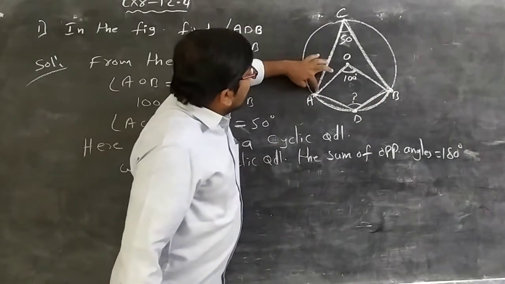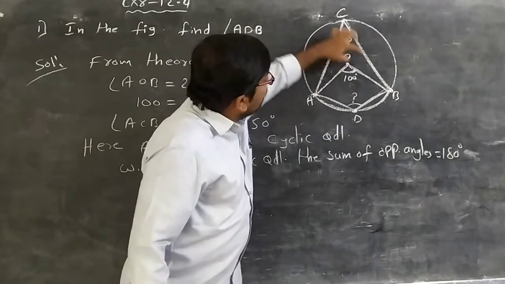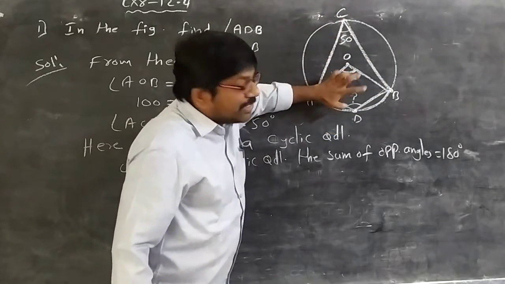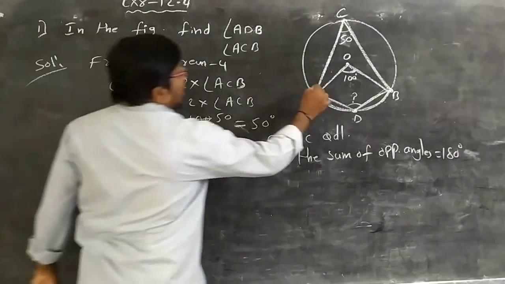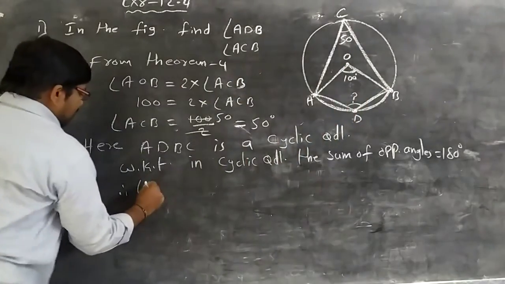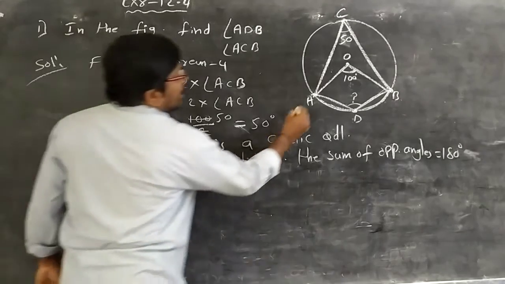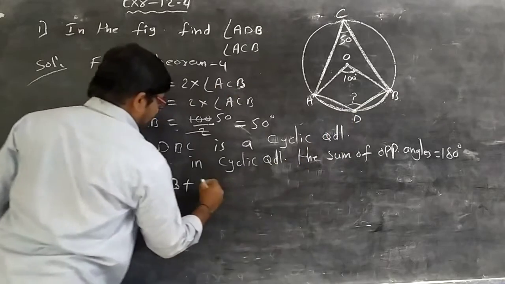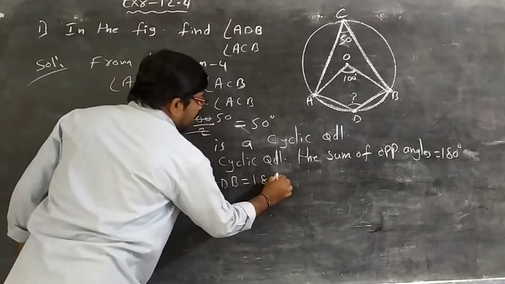That means angle ACB plus angle ADB, the sum of these two angles, is 180 degrees. Therefore angle ACB plus angle ADB is equal to 180 degrees.